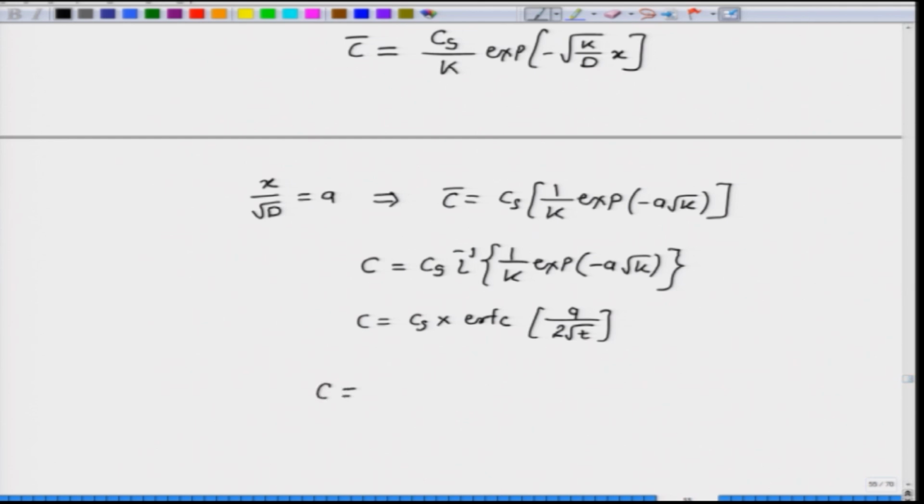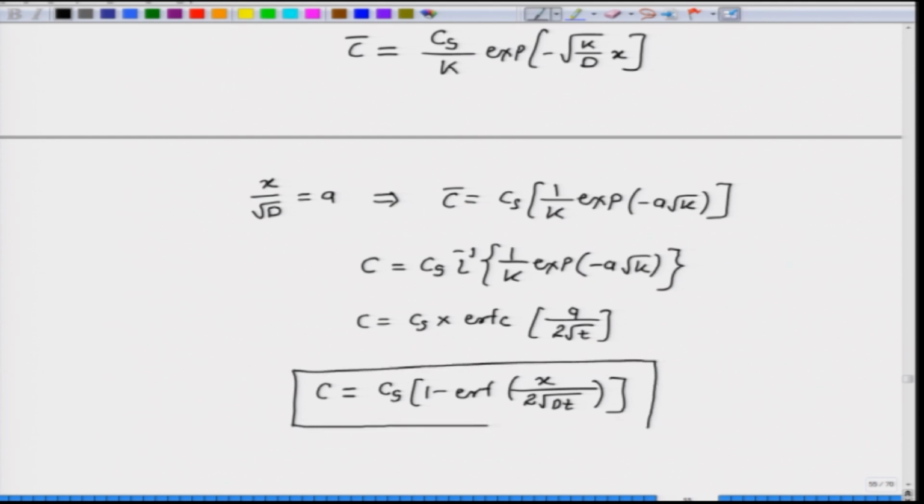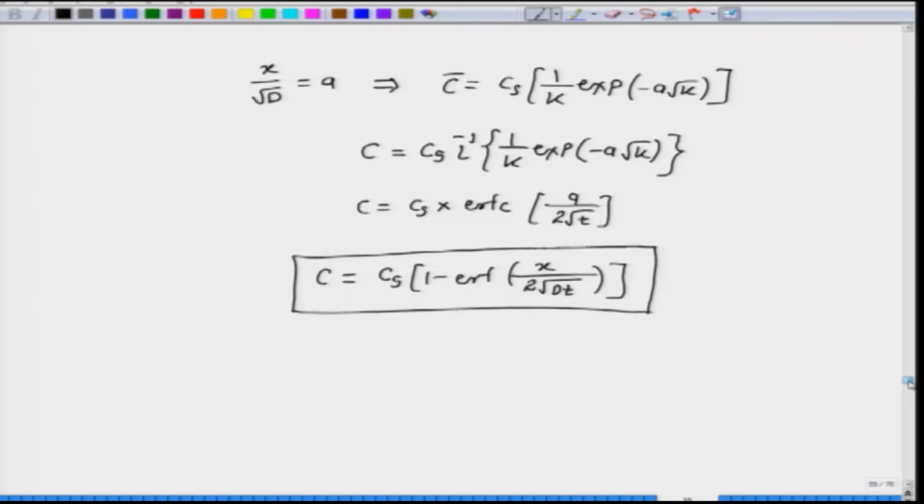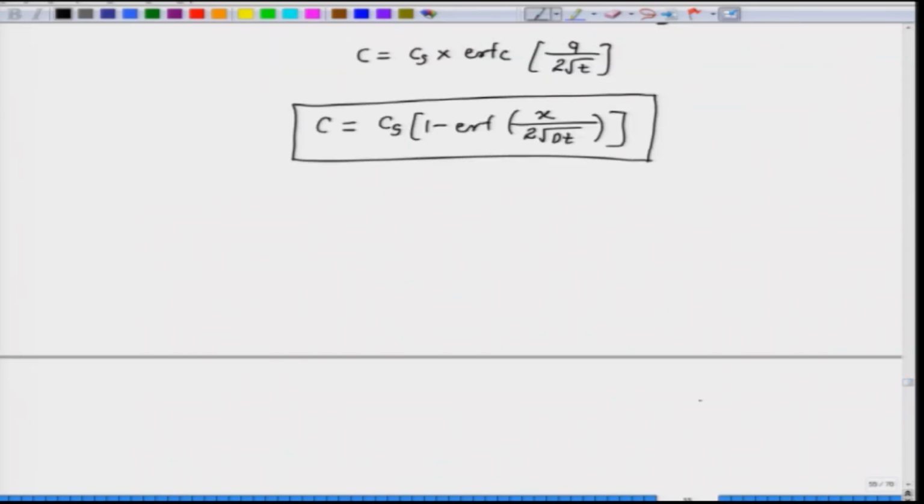So, we get the solution for concentration as C is equal to C s into 1 minus error function of x over 2 root dt. So, this is the solution that we have obtained for a semi infinite slab with constant surface concentration, which is typically encountered, for example, in carburizing of steels.